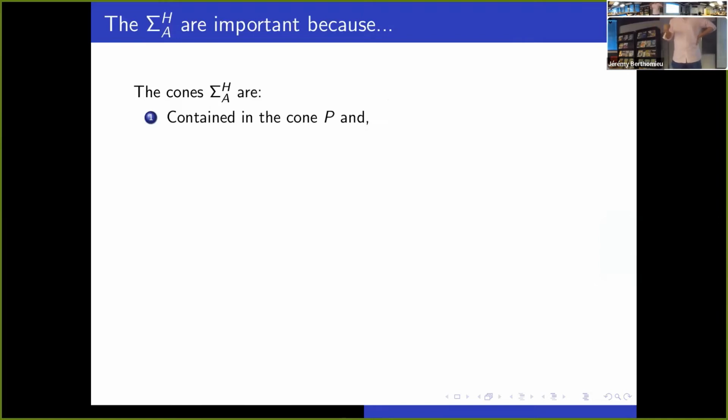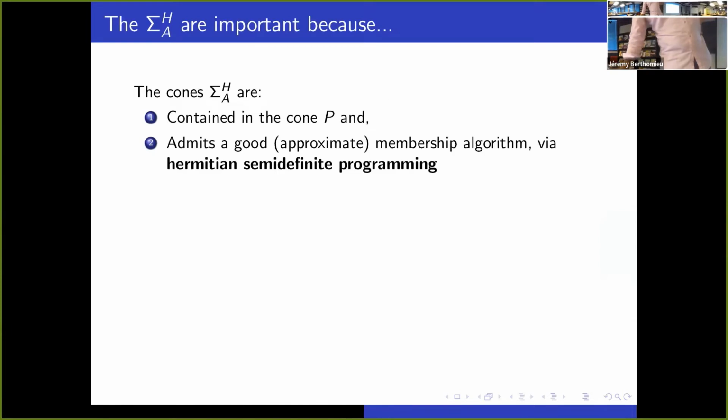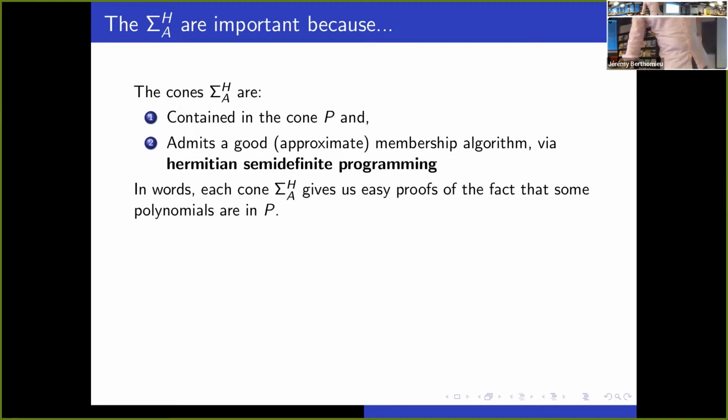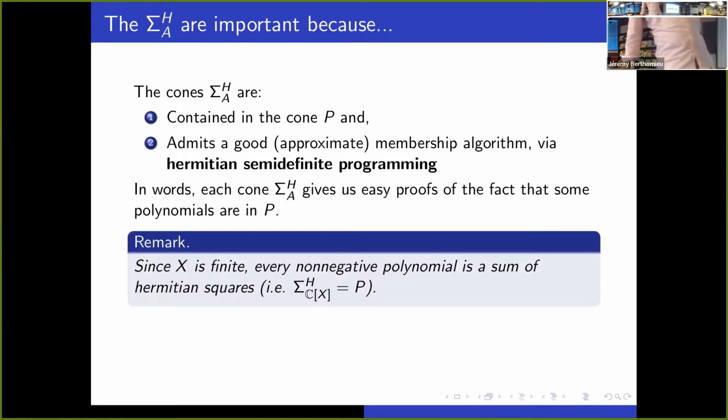The sigma A are important because they are all contained in the cone P, and they admit a good approximate membership algorithm via Hermitian semi-definite programming. So, in words, each cone sigma A gives us easy proofs of the fact that some polynomials are in P. Since X is finite, note this: every non-negative polynomial is a sum of Hermitian squares.